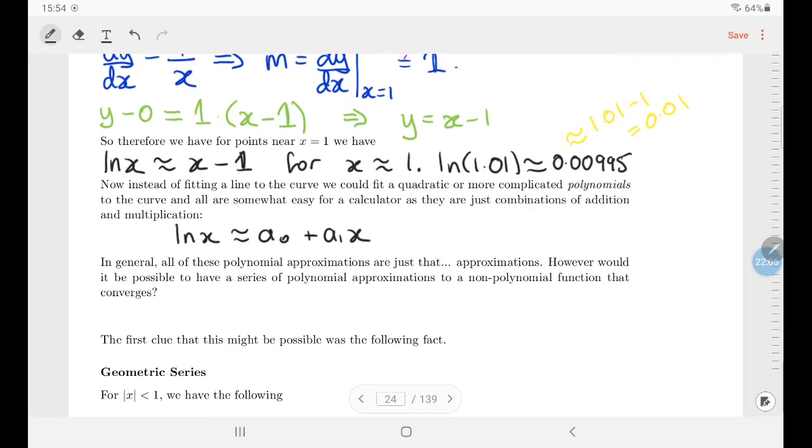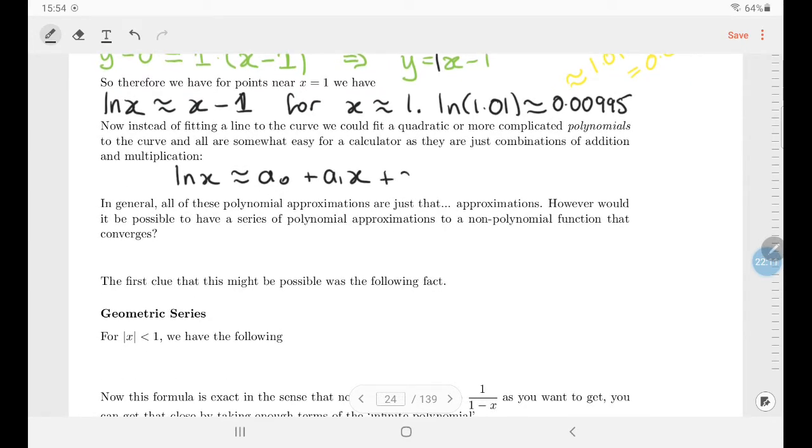So you get a0 is -1 and a1 is just 1. And then maybe add in an x squared to give it a bit of curve, and maybe add in an x cubed to give it some more curve. And the question is, how do you find these values of a2 and a3?